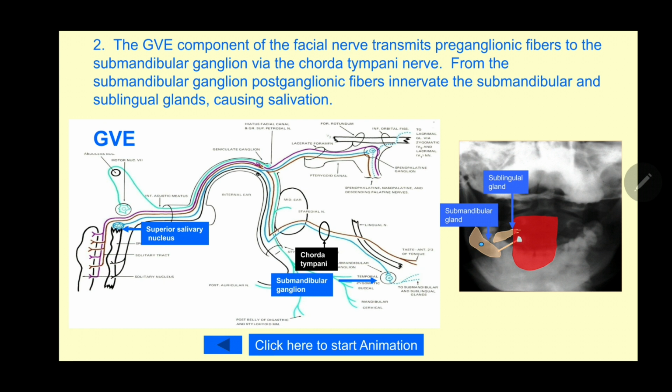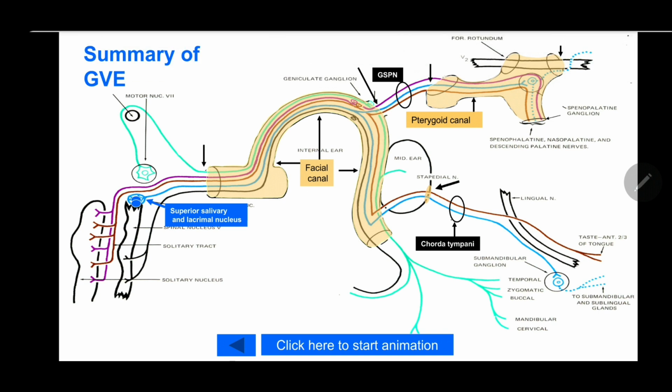They will cause secretions from both submandibular and sublingual salivary glands. Okay, so that was about the general visceral efferent component.